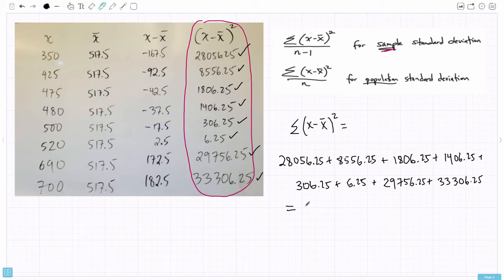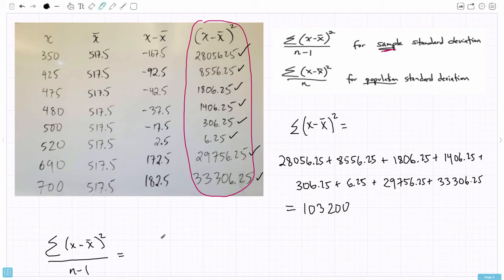All of this gives me 103,200. Now what I'm going to do is the sum of x minus x bar squared divided by n minus 1 for the sample standard deviation.